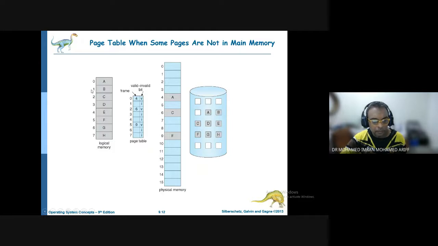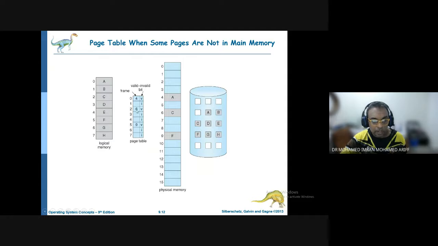Page 1, frame has nothing, is invalid. What does invalid mean? Invalid means the frame is not available inside physical memory, but the frame might be available inside your hard disk here.